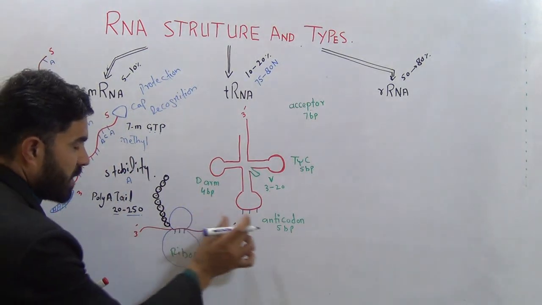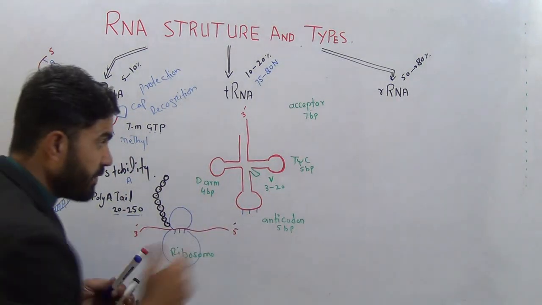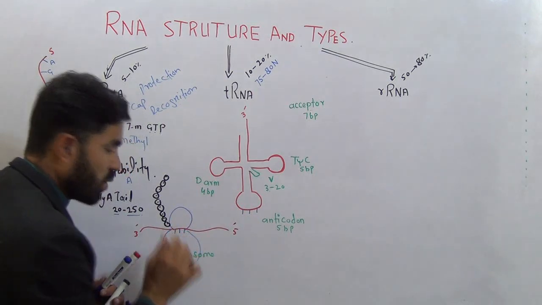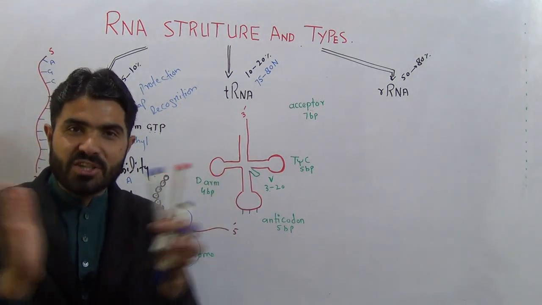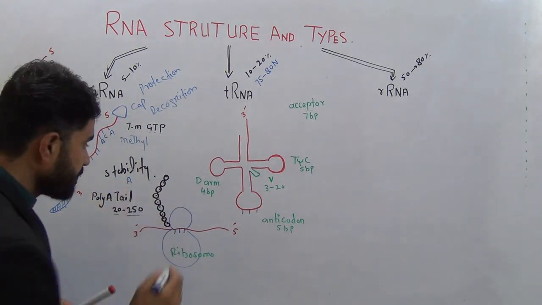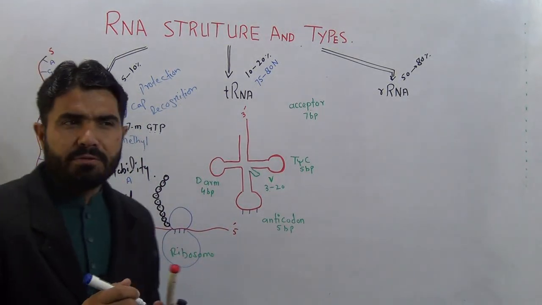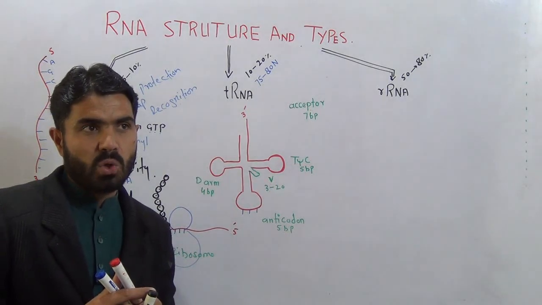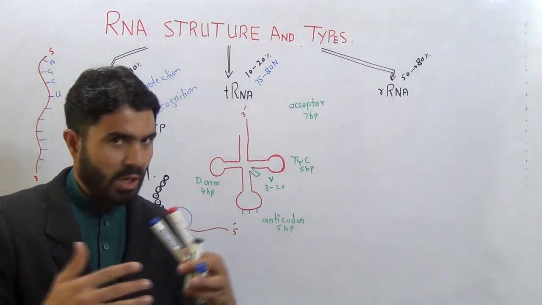So remember, the sequence of the anticodon and codon must be matching, highly matching. Now, how? What if I use the word complementary? That will be better than using match.